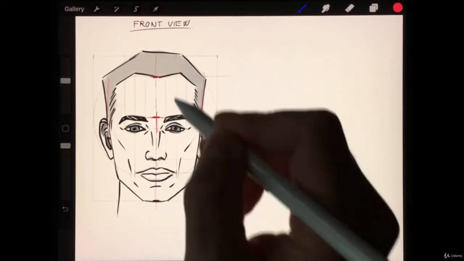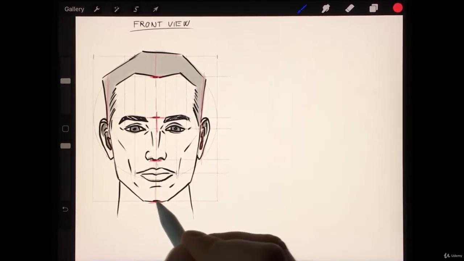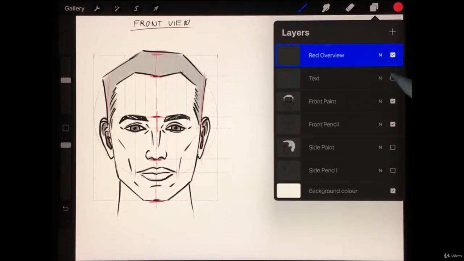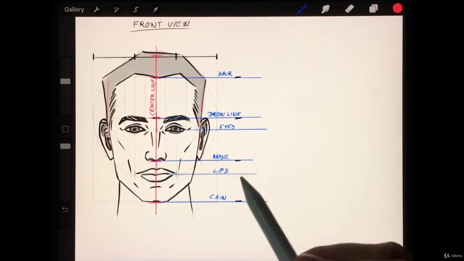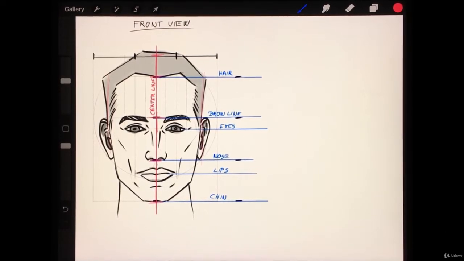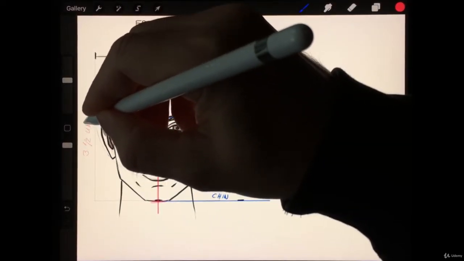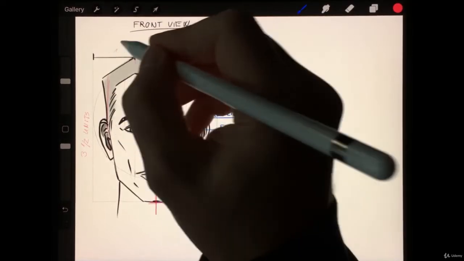The hairline, the bottom of the nose, the chin, and the top of the head. These are the key levels. If you look at the units, you'll see that our head is 3.5 units tall and 3 units wide.